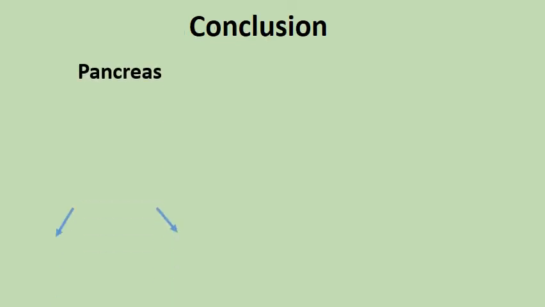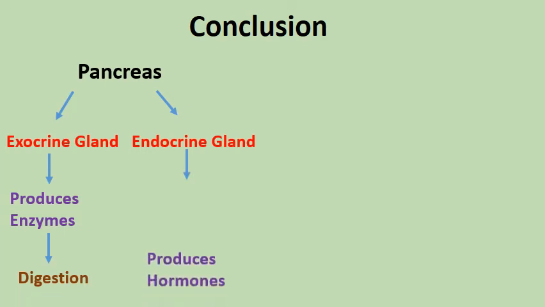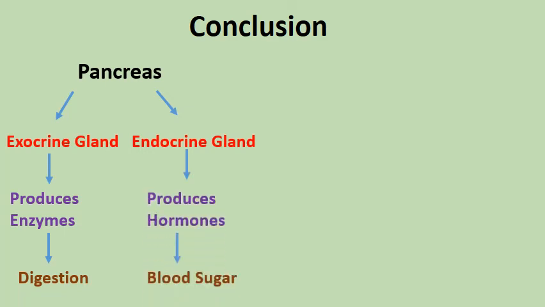So the pancreas can be regarded as an exocrine gland and as an endocrine gland. As an exocrine gland, it produces enzymes responsible for digestion, while as an endocrine gland, it produces hormones responsible for regulating blood sugar.